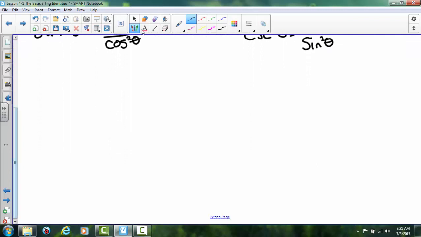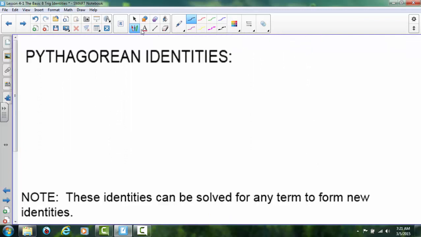Okay, well, Pythagorean identities and the formula for the circle come from our understanding of the Pythagorean theorem, right? a squared plus b squared equals c squared, and you had x squared plus y squared equals r squared.